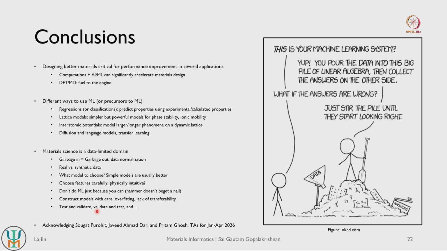With that we come to the conclusion of this course. In the last few lectures we saw some advanced topics ranging from interatomic potentials to transfer learning to diffusion and language models.